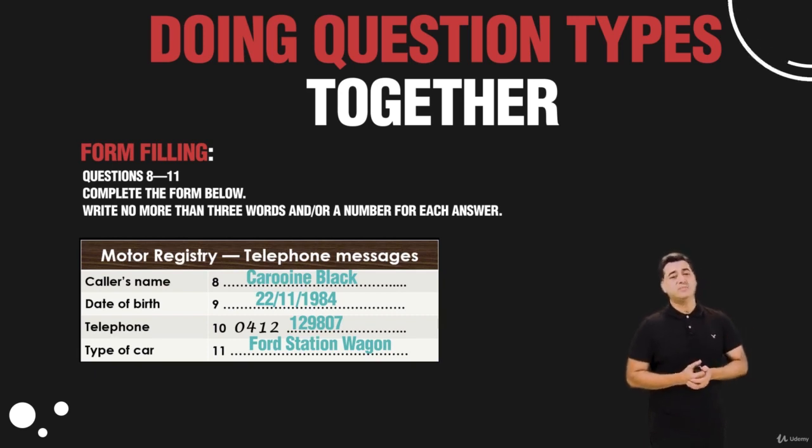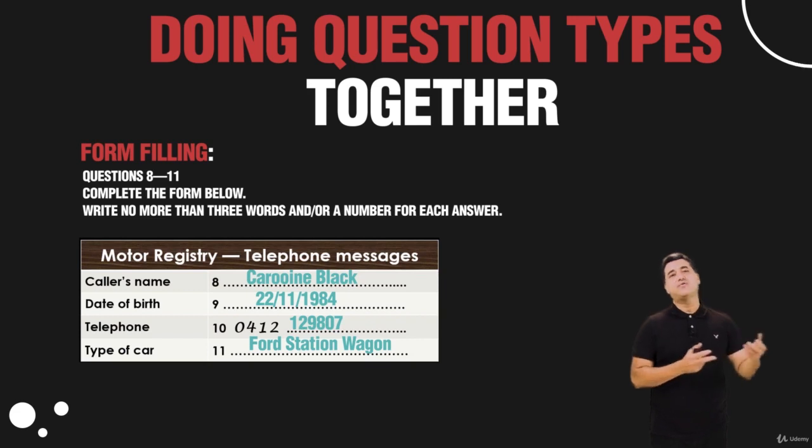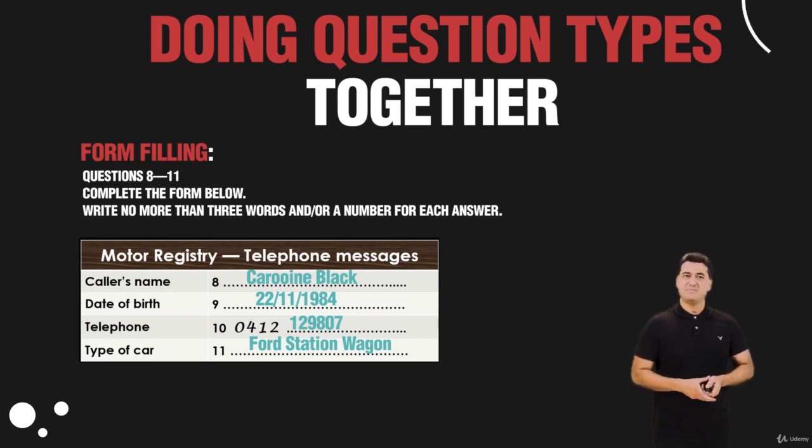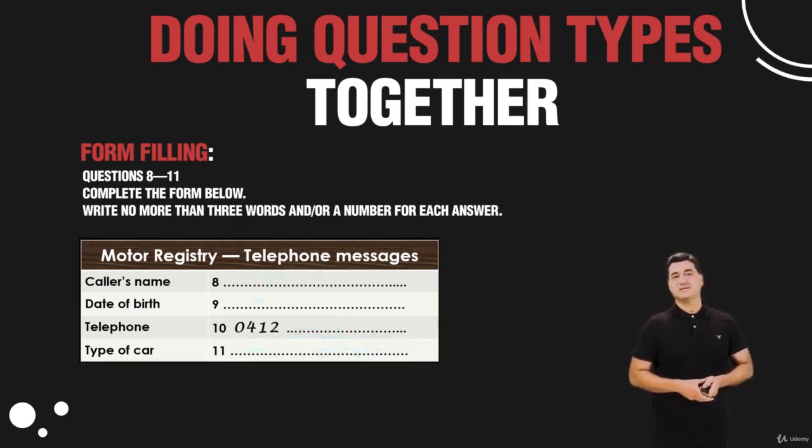And then the telephone number was 0412 129 807. So when you transfer the answer, you will not transfer 0412 because that is part of the question booklet. You will only transfer 129 807. And what is the type of car? Ford station wagon. So that's it. Now let's move on to the next question type and see what it asks.